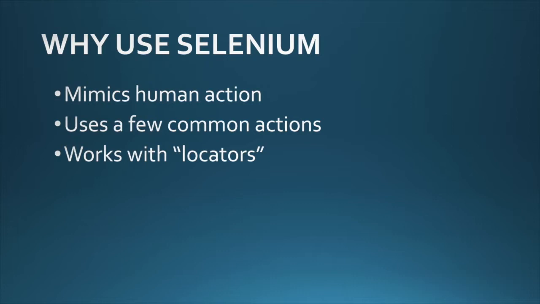Whenever somebody is doing manual testing or performing user actions manually, the same actions can be done via automation, and Selenium helps us do that. When you perform a test case manually, and the same test case is done via automation, you write a Selenium script, you identify the objects and perform some action on those objects, so that whatever actions the user was doing manually, you are mimicking and doing via automation.